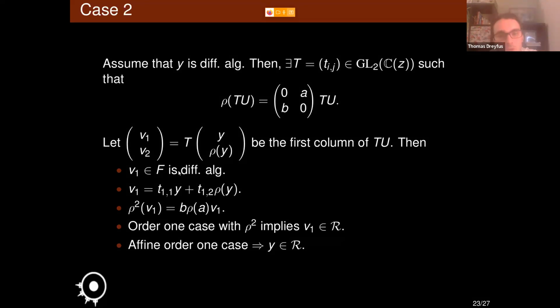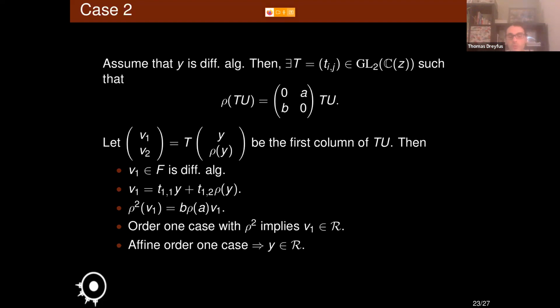Okay, so now the case 2. So assume that y is differential algebraic and we are not in case 1. So this time I have transformations that transform the system into an anti-diagonal system. And this time v1 will be solution of a rho 2 equation of order 1. But everything that I say for rho is still correct for rho square.